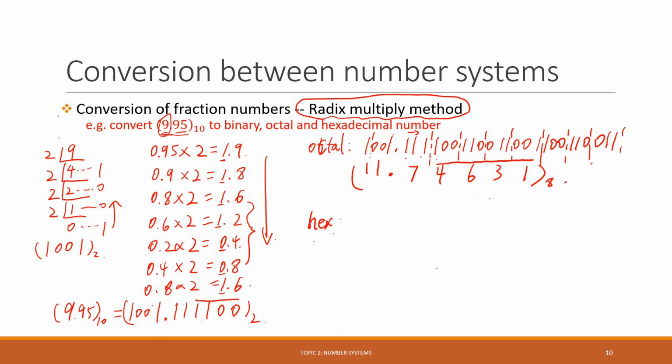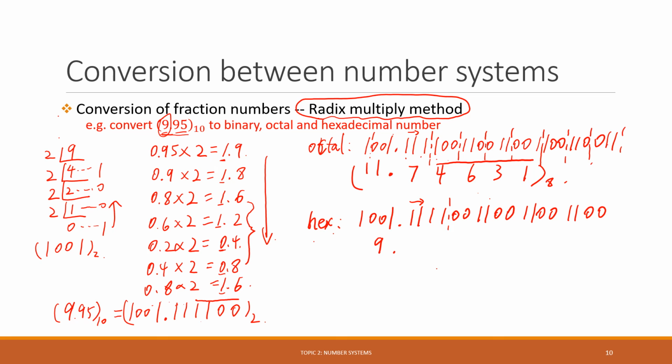Finally, the hex. Similarly, let's write the binary here and then let it repeat a couple of times. I think that should be enough. So 1001 in hexadecimal is still 9. Then for the fraction, we cut the number every 4 bits, but again starting from the left this time.